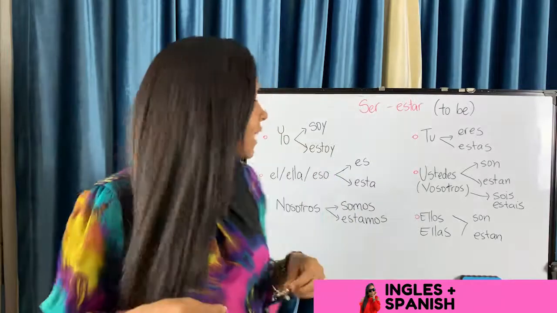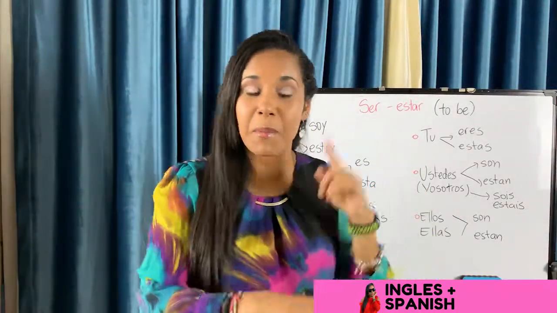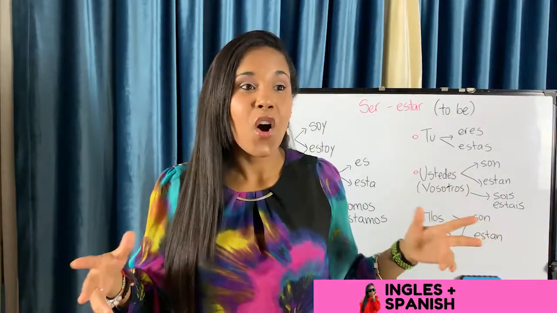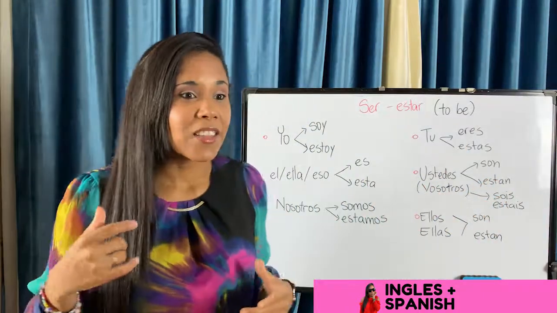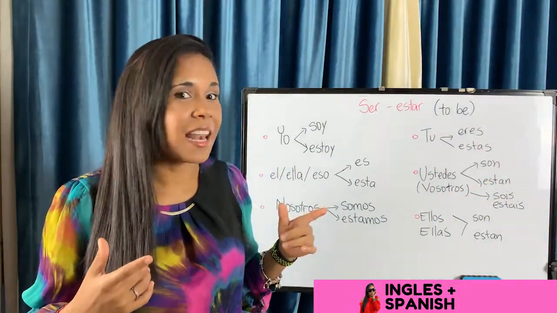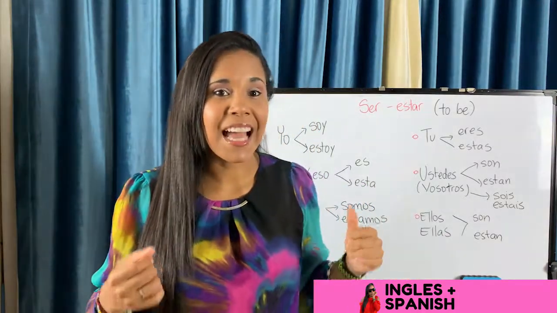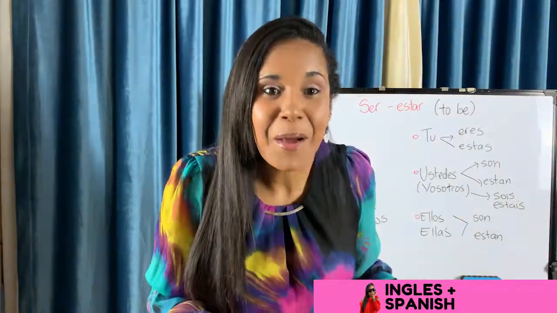Okay? Now, when do we use está? Remember the first example is in a place, right? Or in the state at the moment. So, ¿dónde está la mesa? Where is the table? La mesa está en mi casa. The table is in my home.